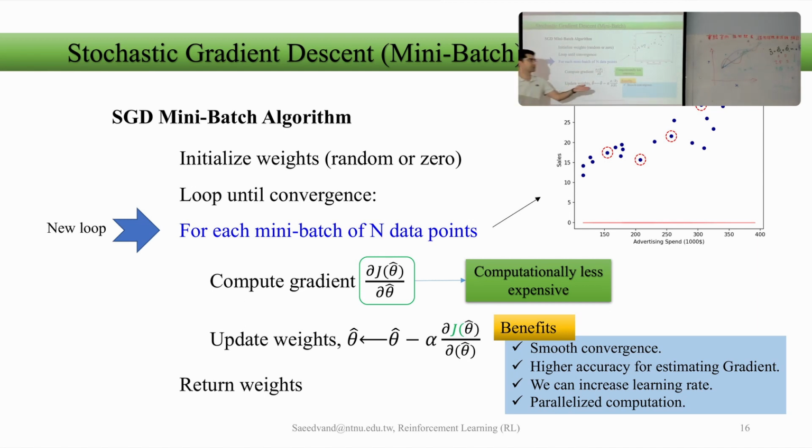The benefit is smooth convergence and high accuracy for estimating the gradient. We can increase the learning rate with this, and parallelized computation is also possible. Mini batch size is a very popular term in machine learning and deep learning neural networks also.